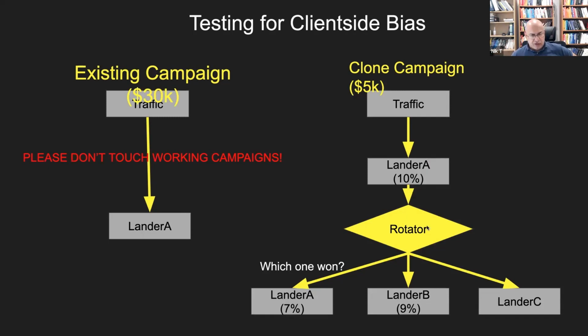And then it's going to rotate, and you want to add your control, whatever you're currently using, as a variant itself, and then you want to add B and C. And what do you want to see? You want to see the difference between A and A. Let's say, in this hypothetical example, I've got A converting at 10%. I've got A dash, or the clone of it, sitting at 7%.